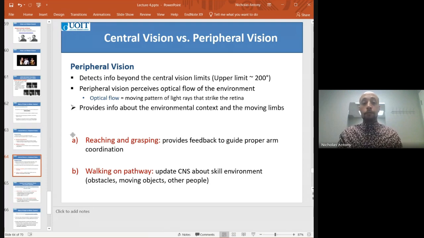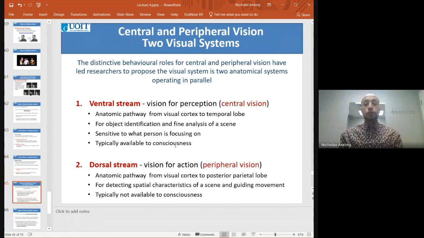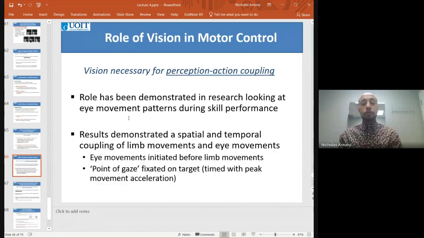And for walking and locomotion type motor skills, our central vision is focusing in on the path, but it's our peripheral vision that is telling us of anything moving in the environment. So the idea is that we have two different streams of vision, and they're necessary for perception to action coupling.